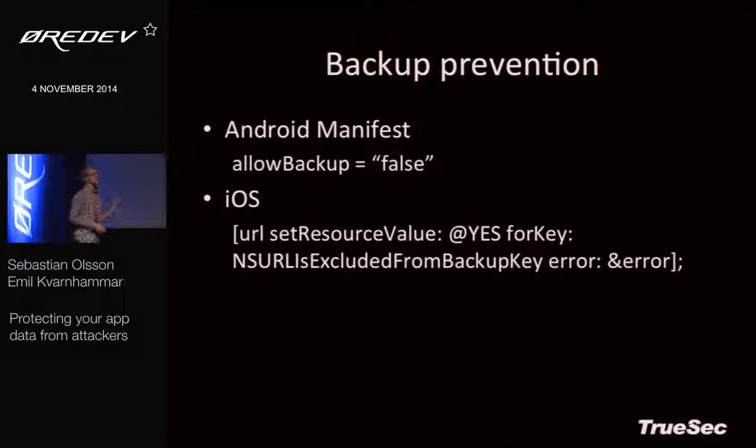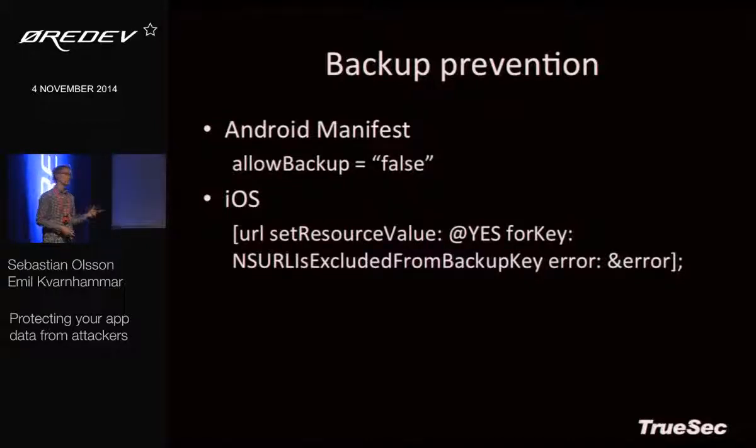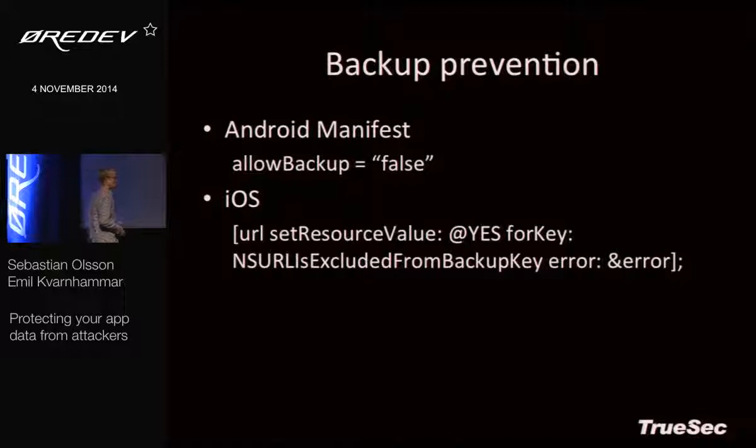In a similar manner on iOS, you could specify in code for a file URI explicitly that you don't want this file to end up in the backup. So that's something that definitely should be considered.